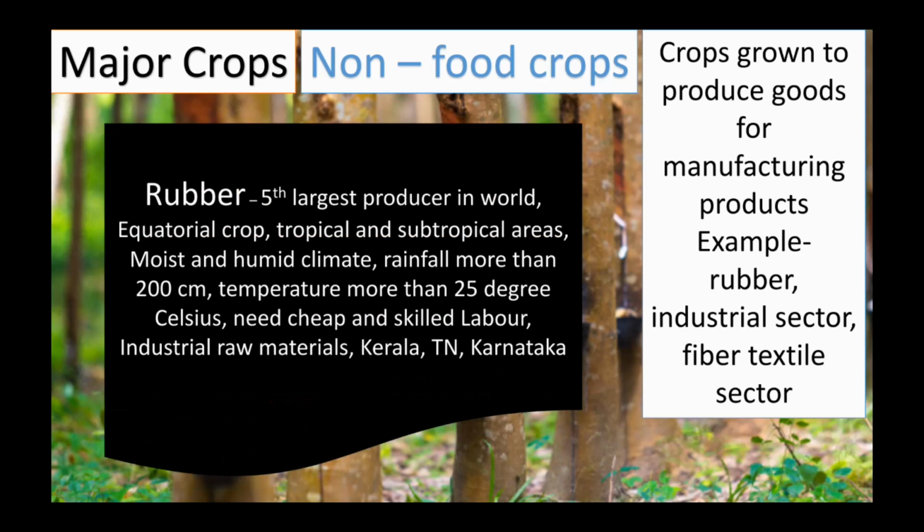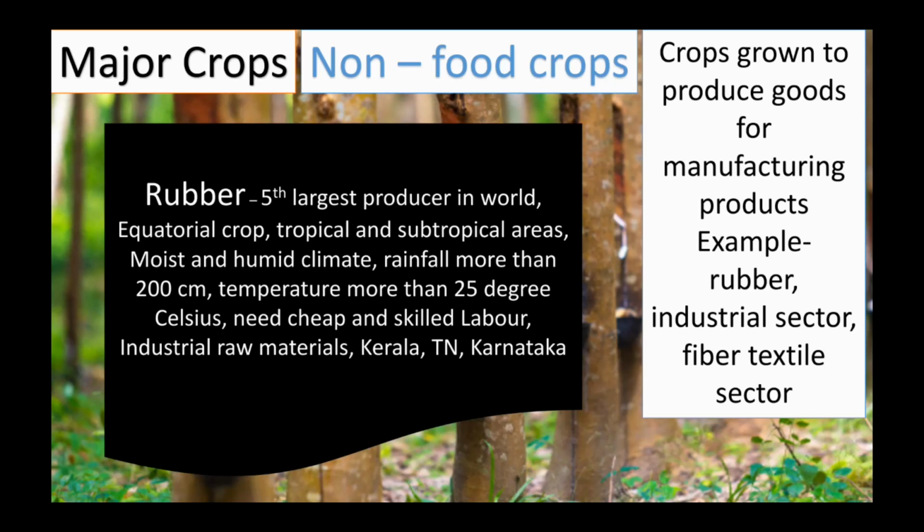It is an equatorial crop, grows well in tropical and subtropical areas. It requires a moist and humid climate, rainfall of more than 200 centimeters, and a temperature of 25 degrees Celsius plus. It needs cheap and skilled labor, like tea and coffee plantations.